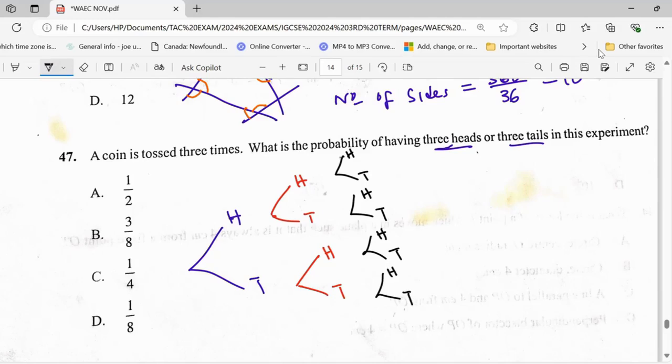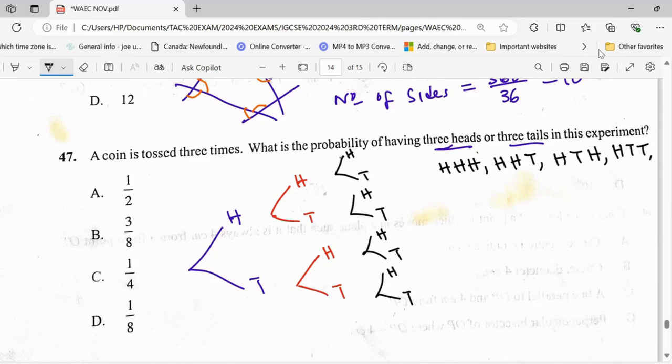So let's look at the outcomes. We have head, head, head. We have head, head, tail. There is head, tail, head. There is head, tail, tail.